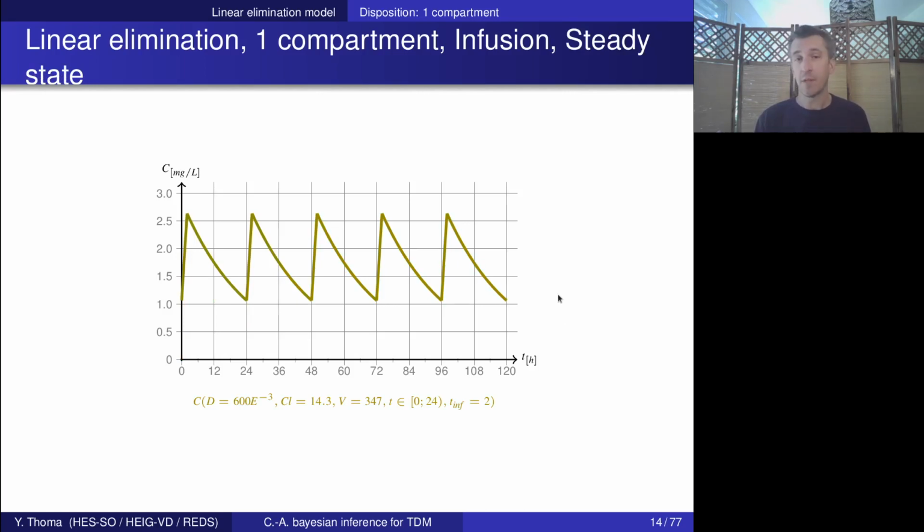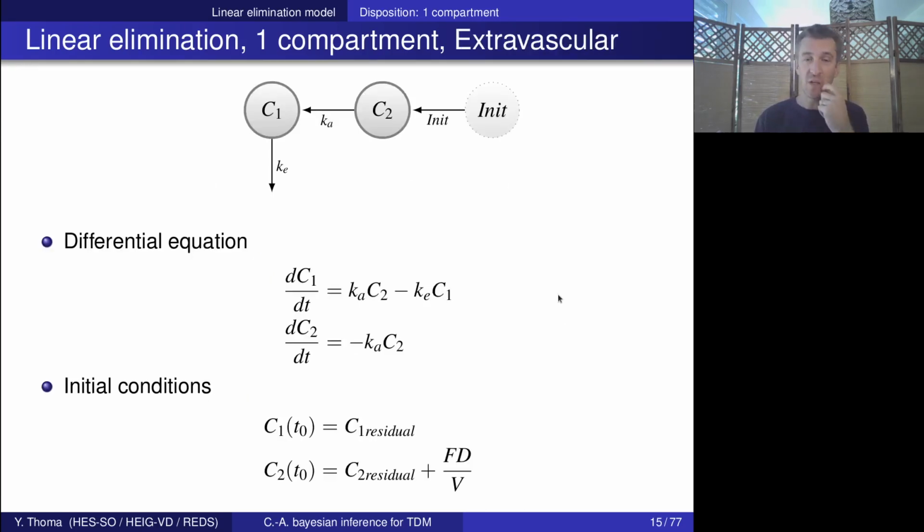Then we have typically a third way of giving the drug that could be an oral pill, for instance. In that case, we consider this one compartment, but actually there is a second one, which is the compartment where we will put the drug in a sense, and from that, the drug will be absorbed to the central compartment and at the same time will be eliminated.